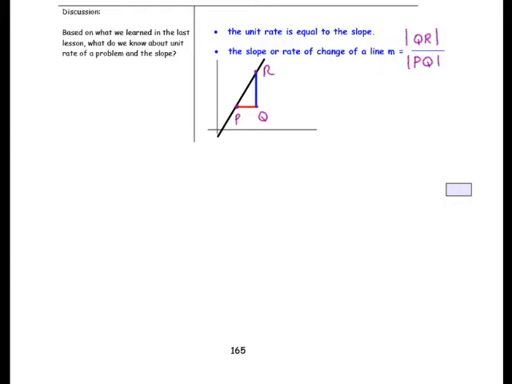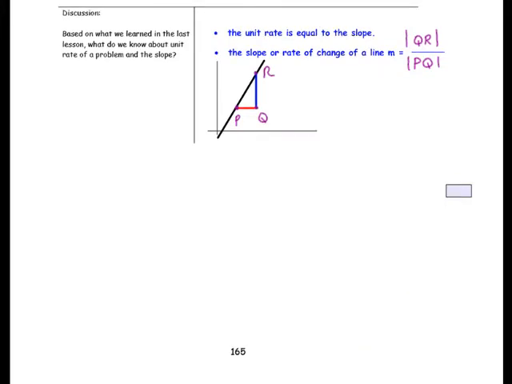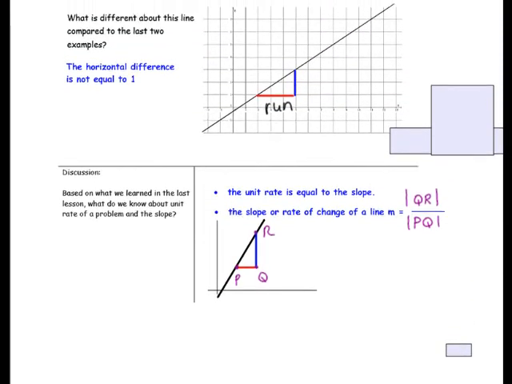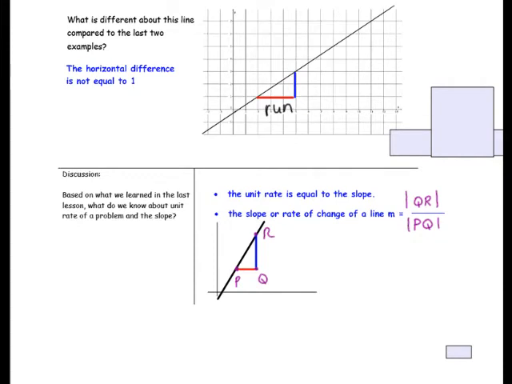And this is what we learned based on the last lesson. Now, our task is to determine the rate of change of a non-vertical line when the distance between P and Q is a number other than 1, as it is in this first problem right up here.